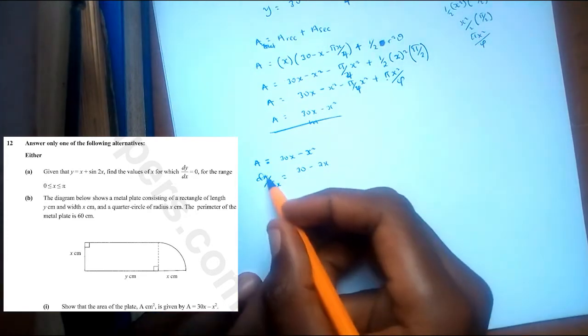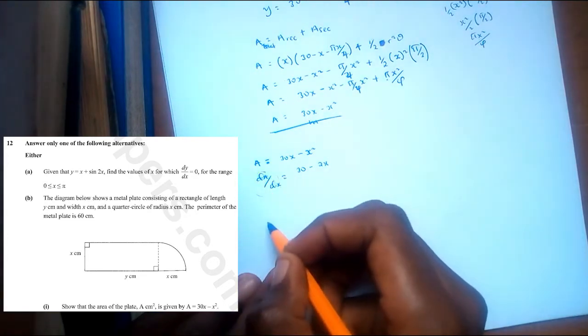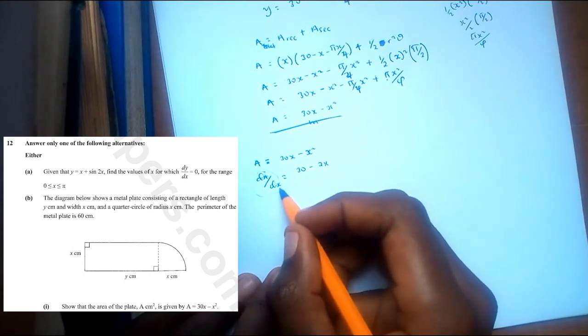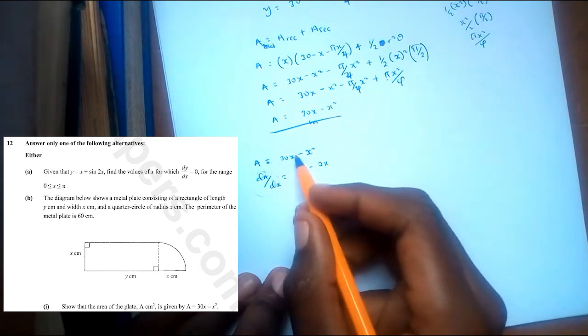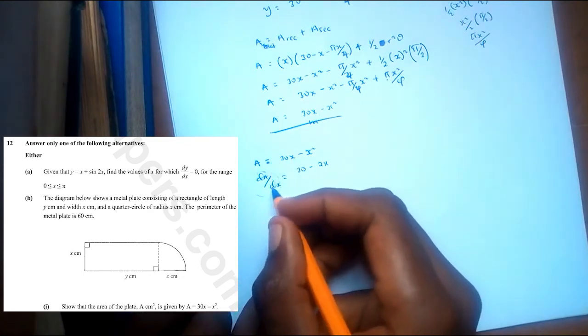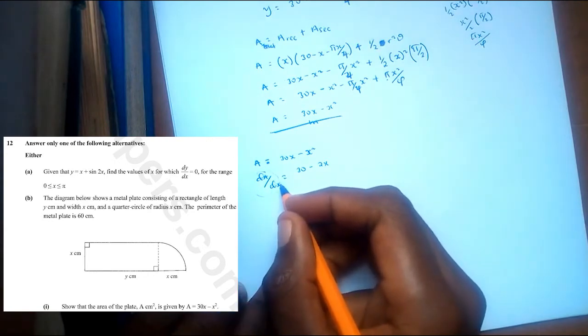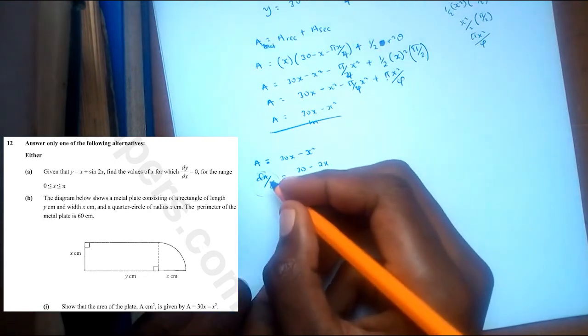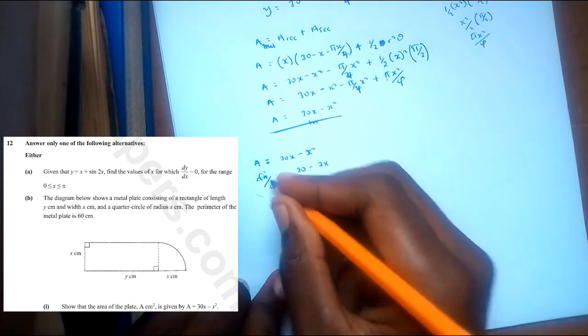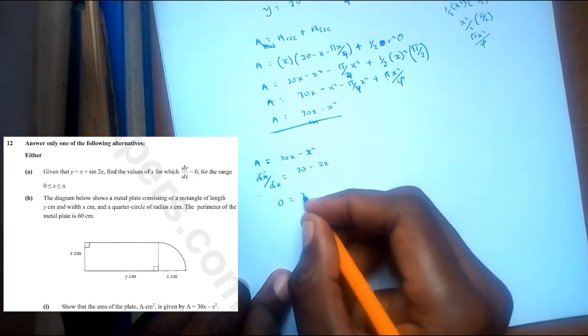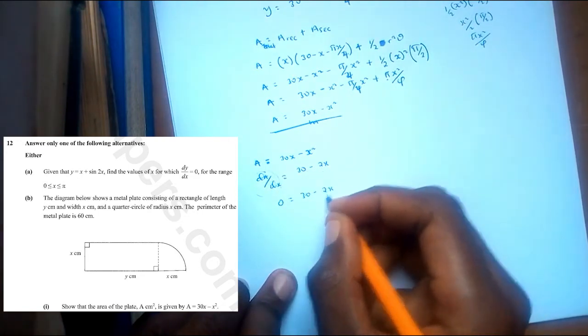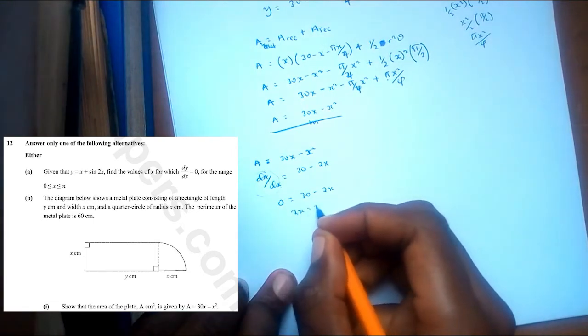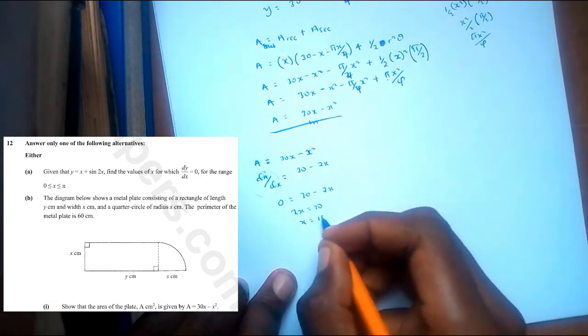Since it's stationary, dA over dx, which is the gradient, is 0 at this point. At a stationary point, the gradient is 0. So 0 is equal to 30 minus 2x, so 2x is equal to 30. So x will be equal to 15.